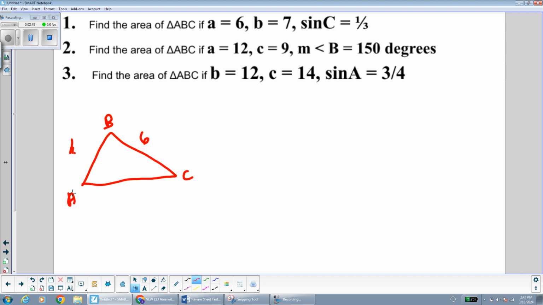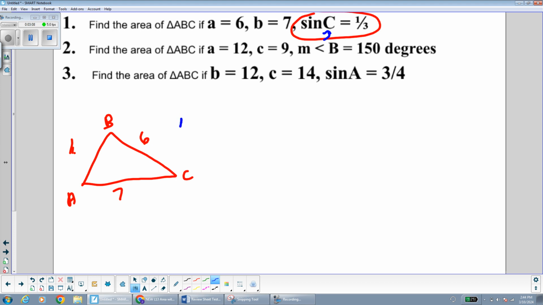Side A across from angle A is 6, side B across from angle B is 7, and sine of angle C is 1/3. Careful, that's not angle C, that is sine of angle C. So what we have are two sides next to each other of the triangle and sine of the angle in between, because C is in between the two sides.